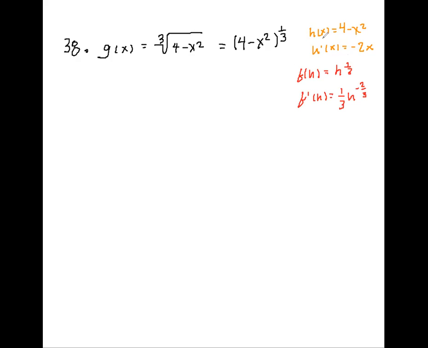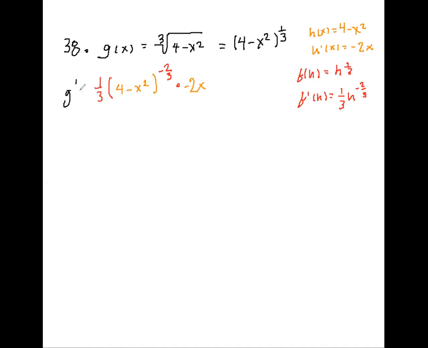So this is kind of how I've set up my chain rule. I'm going to put this all together so that I have 1/3 times h, so 4 minus x squared, to the minus 2/3 times h prime, which is going to be minus 2x.